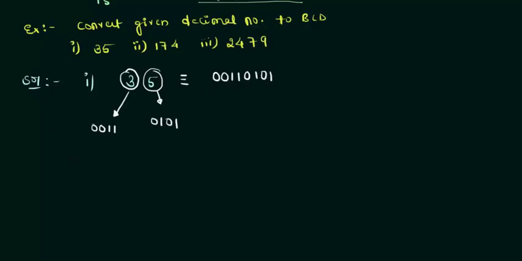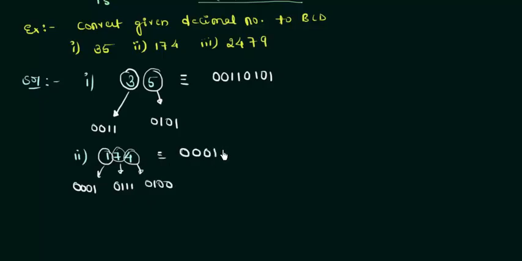Similarly, let's solve the rest. 174: this 1 is represented as 0001, 7 as 0111, and 4 as 0100. So it is 0001 0111 0100. This is in BCD.